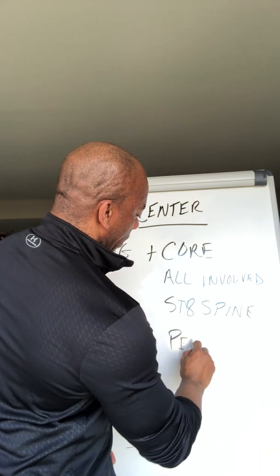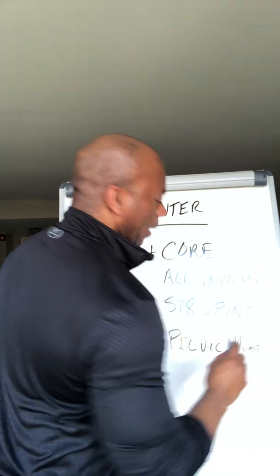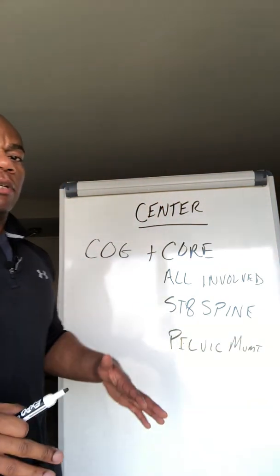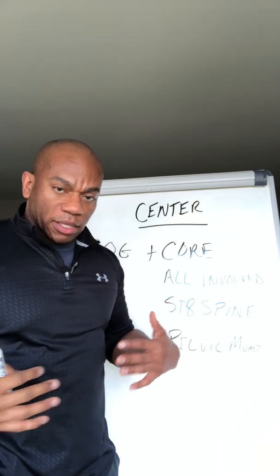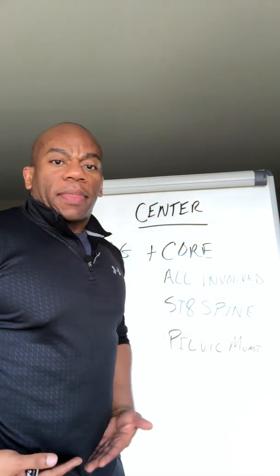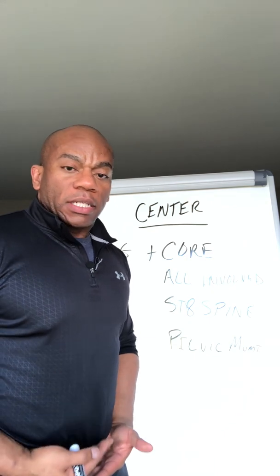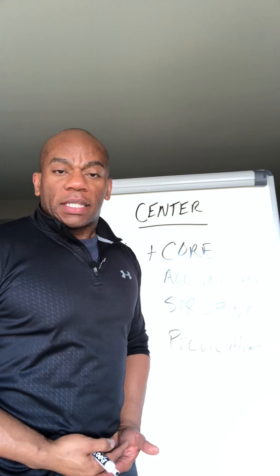Those are generally the muscles in your abdominals, which feed around to your back, and the muscles at the bottom of your pelvis or the top of your pelvic wall that are involved in keeping the pelvis nice and stable.